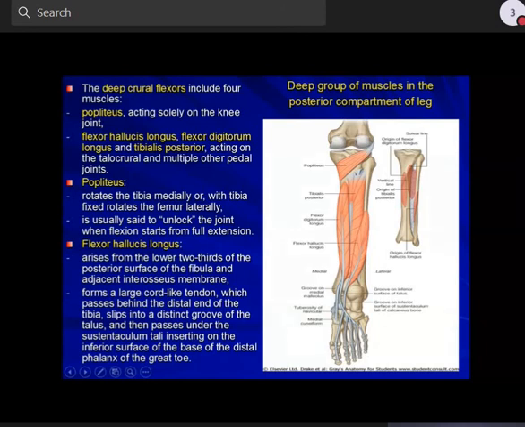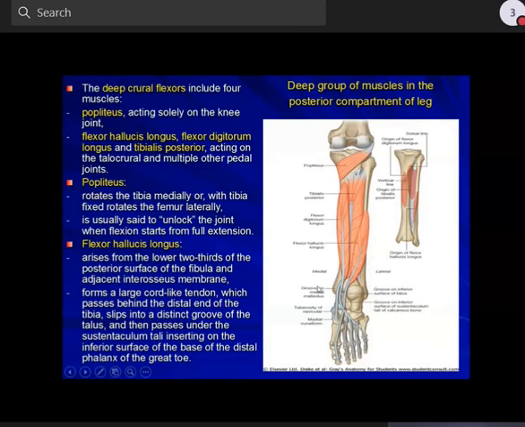What's the main function of all these muscles? They are responsible for plantar flexion of the talocrural joint. So as you can see, these muscles pass behind the fulcrum.